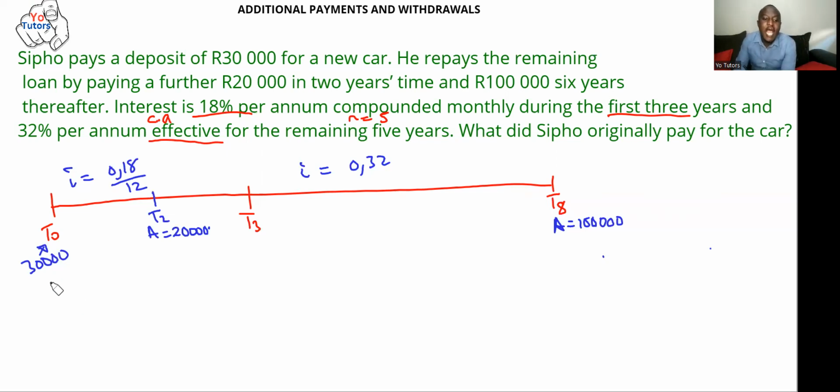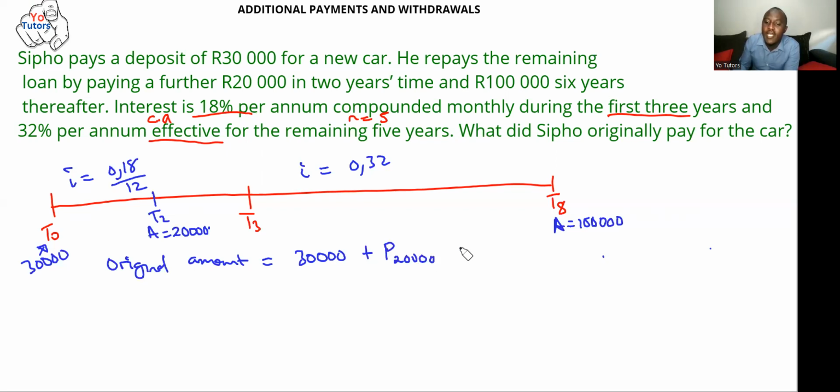Now, how do we get the original amount? Original amount means that we're going to get the principal amount for the 20,000 and also the principal amount for the 100,000. So to get the original amount, it's going to be equal to 30,000 that was deposited immediately, plus the principal for the 20,000 that was paid in 2 years, then also plus the principal for the 100,000 that was paid in the last 6 years.